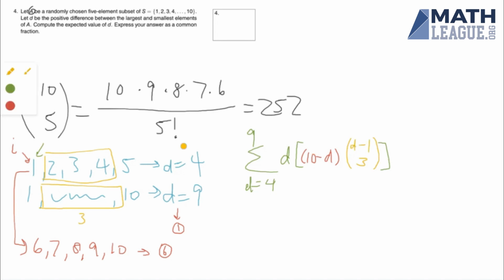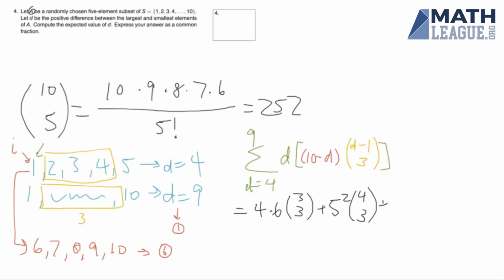Now, after that, we can compute this summation, and doing that gives us 4 times 6 times 3 choose 3, plus 5 squared times 4 choose 3, plus 6 times 4, and then 5 choose 3.